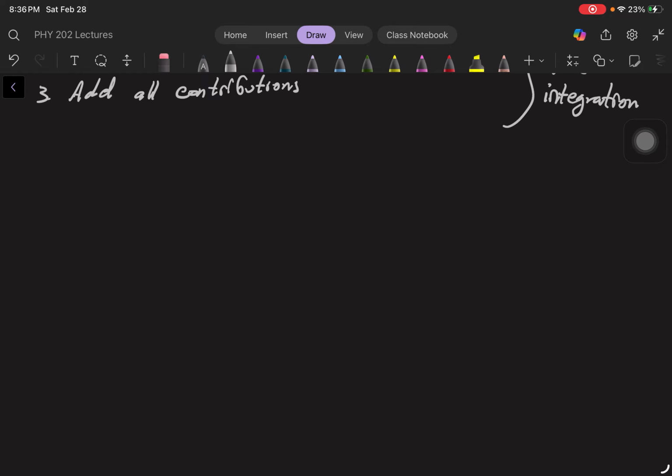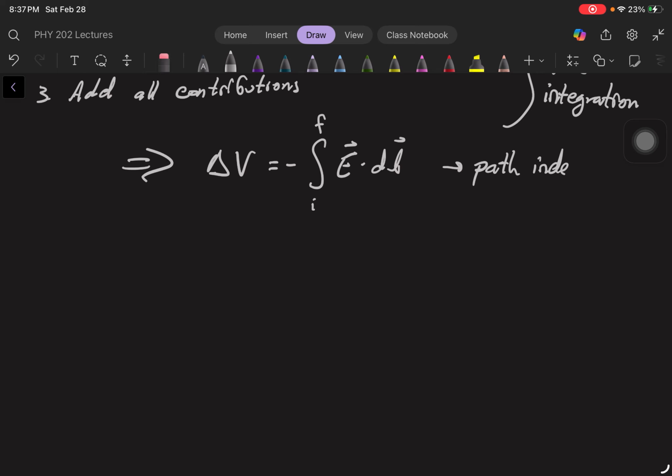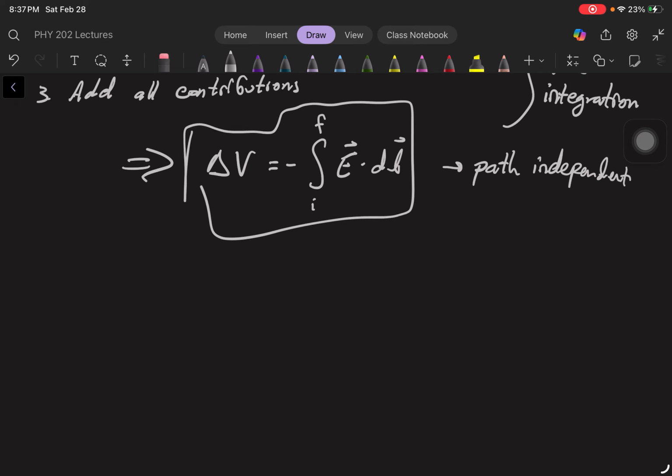All right, and so if we want, we can say delta V is equal to the negative integral from some initial to some final point of E dot dl. And we will note that this is path independent, but we'll put a box around that.